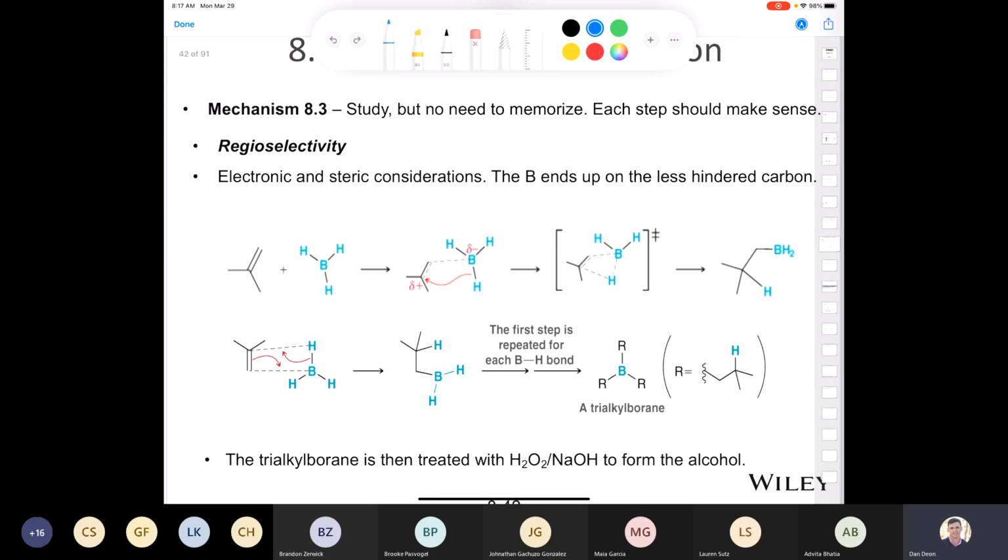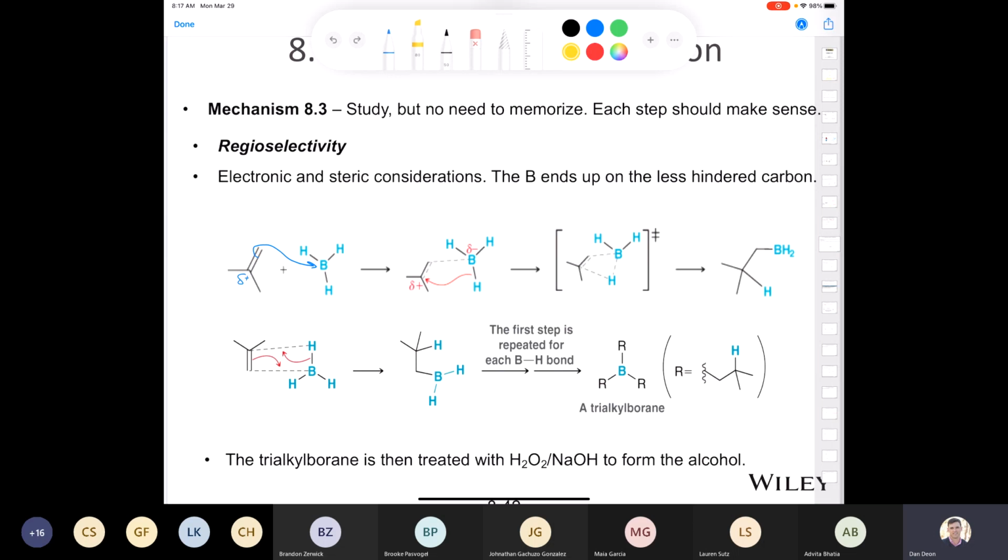Remember that there's an empty p orbital on this boron, so it's available for electrons. So when this bond or this interaction is formed here, and it's drawn here as a dashed line, when you form that bond, you would end up putting a partial positive charge on this carbon. Well, that carbon is going to be more comfortable with a partial positive charge than this one would. So that's the electronic consideration.